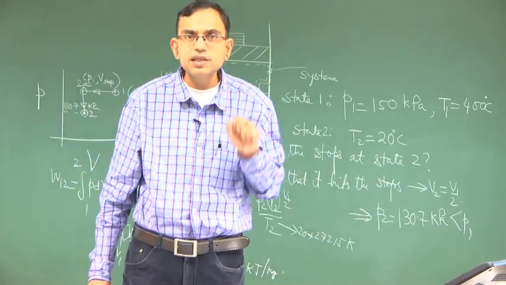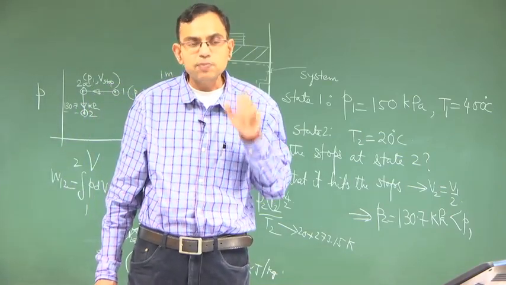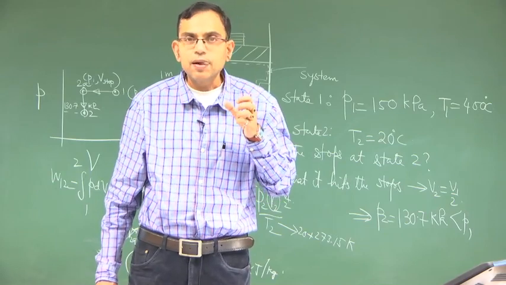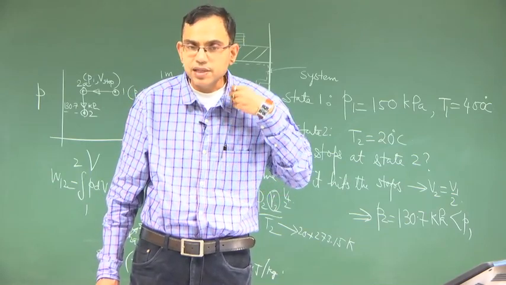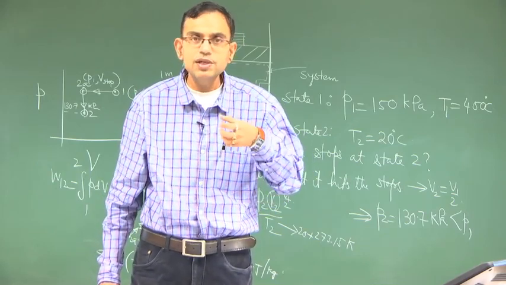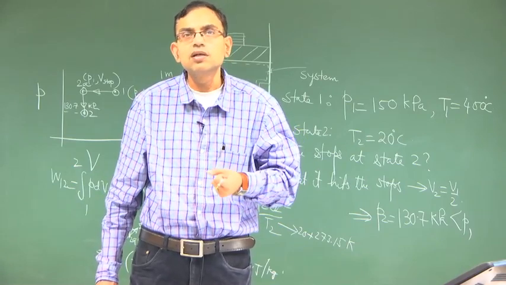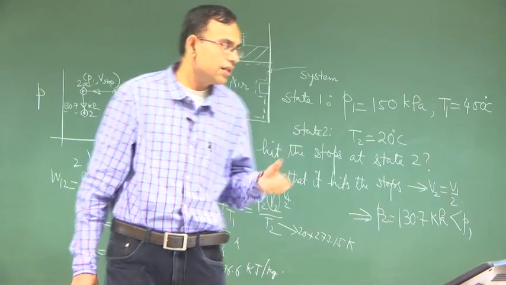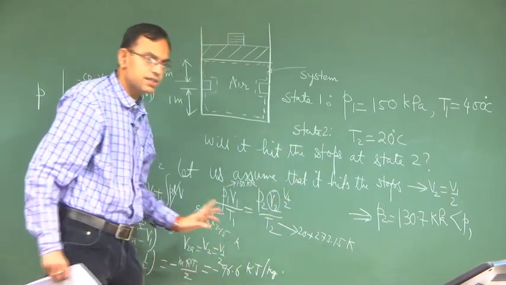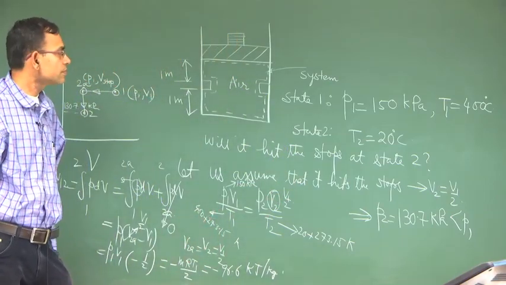If work leaves the system, it is positive. If work gets into the system, which allows the system to get compressed, then that work is negative work, and that is why it is minus in this case.